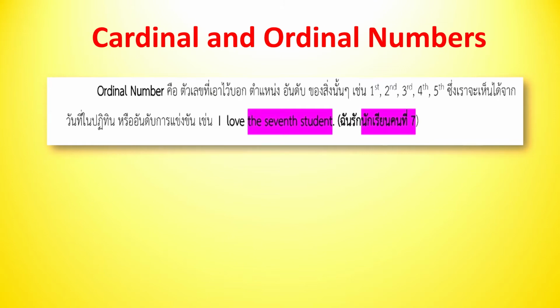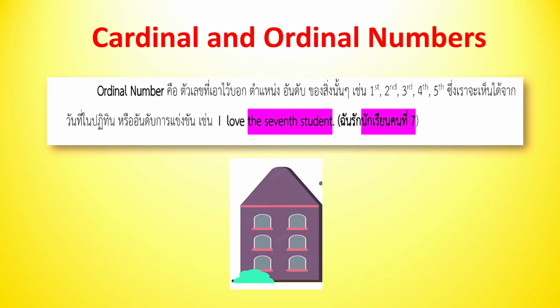For example, this picture shows different floors in a building. We can use ordinal numbers to define their position. This is the first floor. This is the second floor.